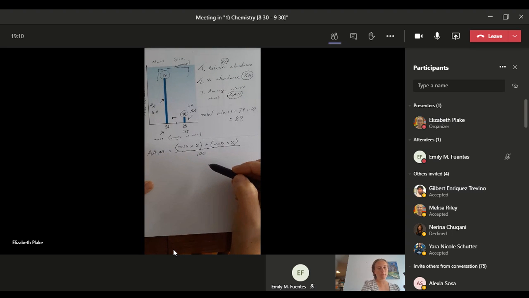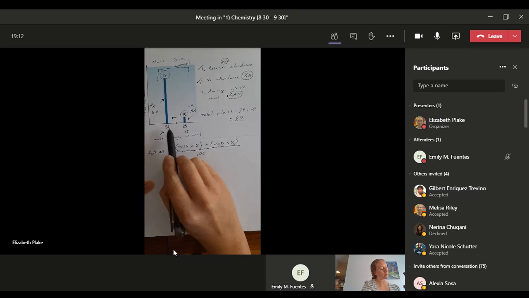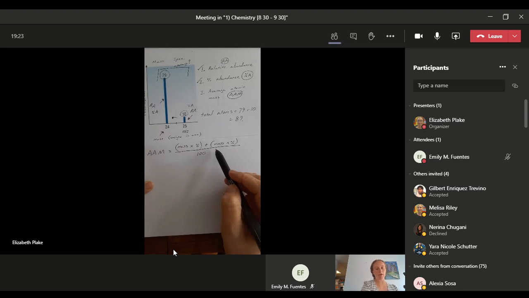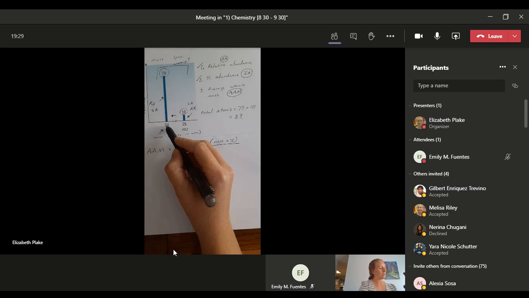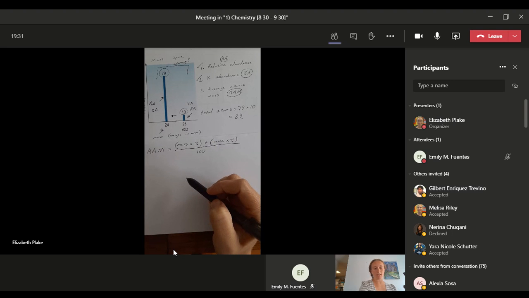So our average atomic mass will be somewhere in between 24 and 25 AMUs. It'll be closer to 24 because we have more atoms that weigh 24 than 25. And we're going to use this formula to figure out exactly what it is. So I'm going to plug in my mass and my percent abundance that we calculated previously.